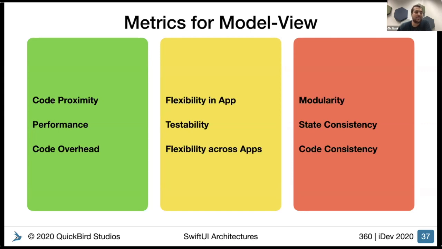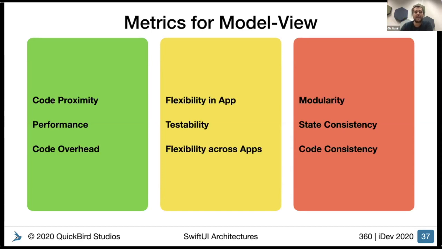Then also here we added performance before. We just forgot to remove it, because in the model view architecture, performance quite depends on how you implement it. In one way, you don't really have to change the action that you send from the view into the actual operation on the model.